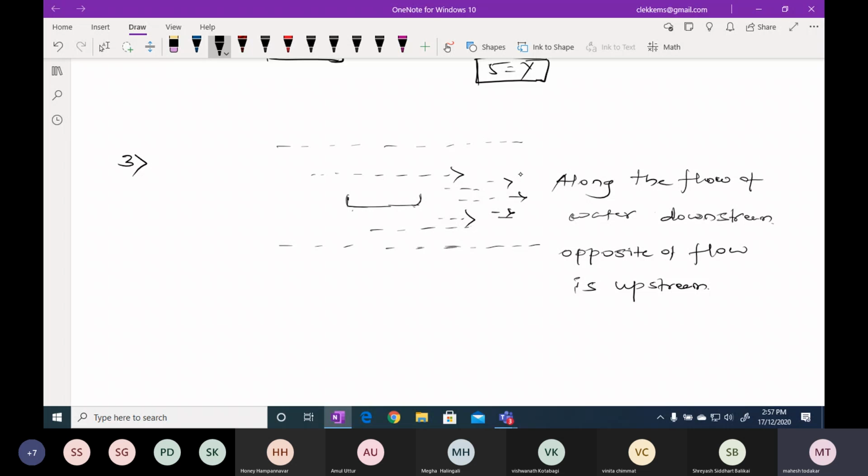If the flow is from left to right and the boat is coming from right to left, opposite of the flow of the water, that is upstream. Downstream is always plus, and upstream is negative.